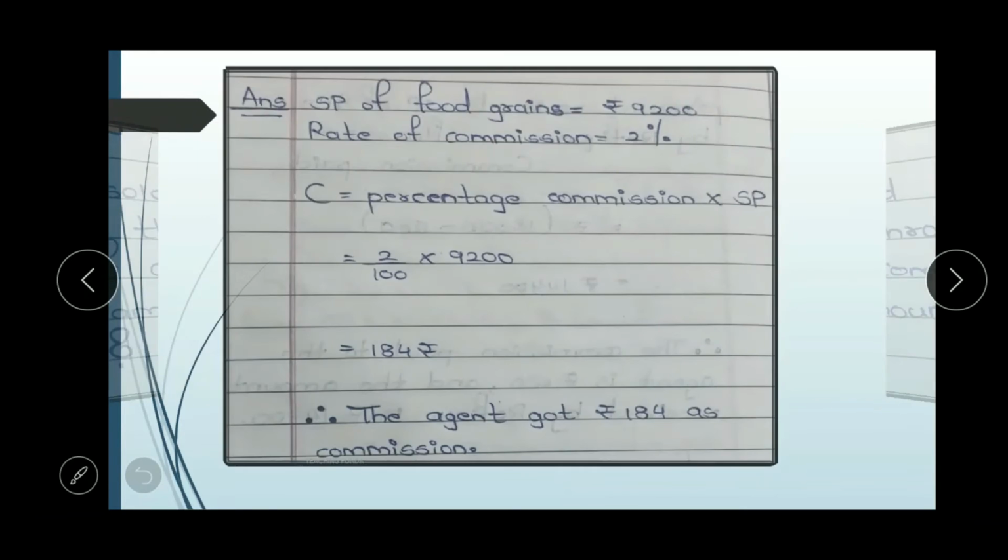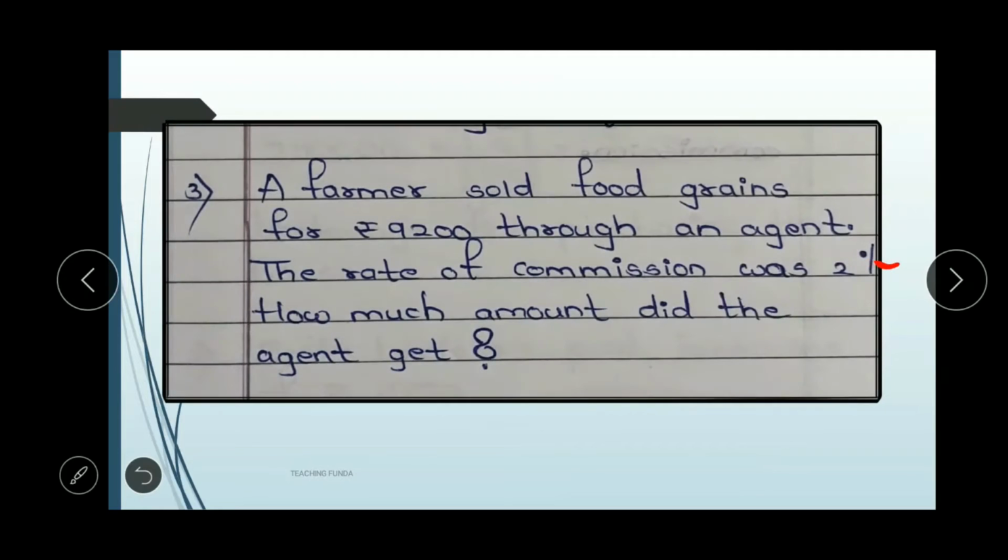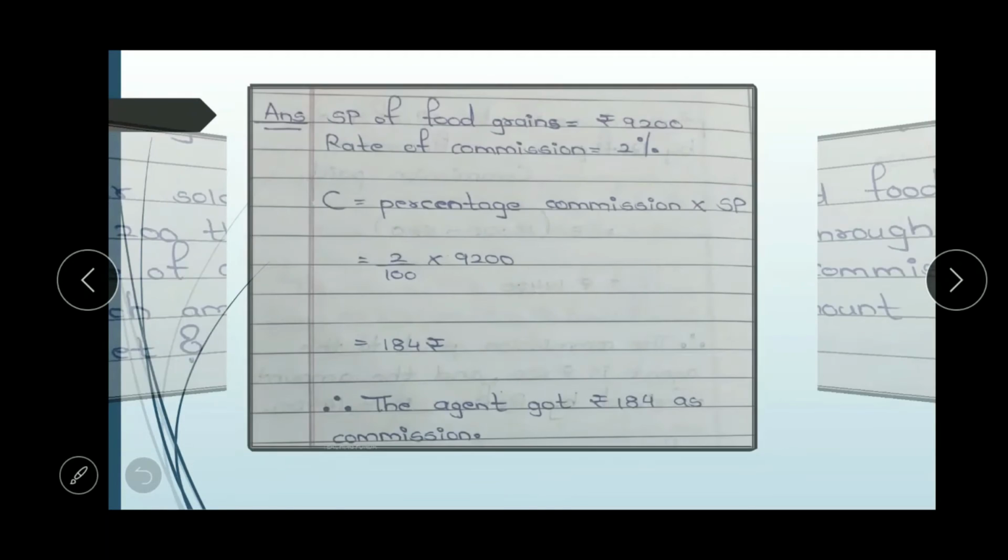So let us begin. Selling price of food grains is equal to rupees 9,200. Rate of commission is 2%. That means the 2% of 9,200 is the amount the farmer has to pay to the agent.